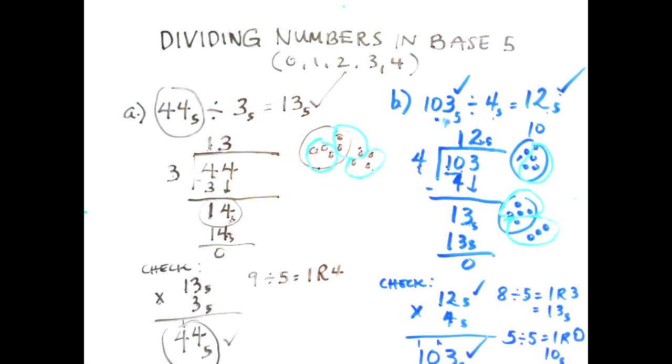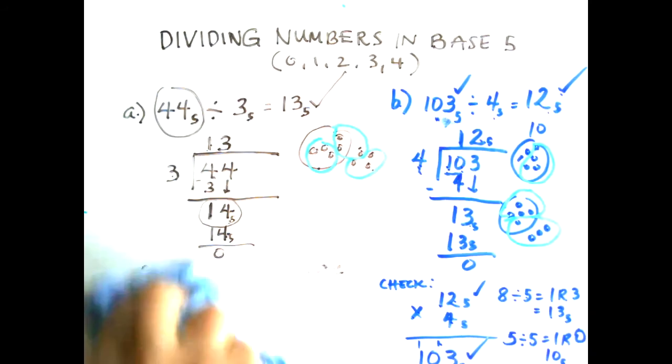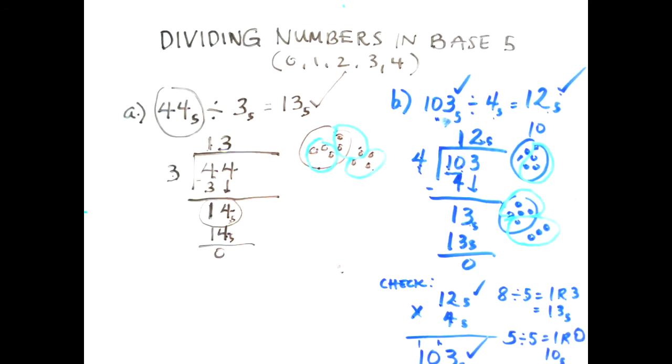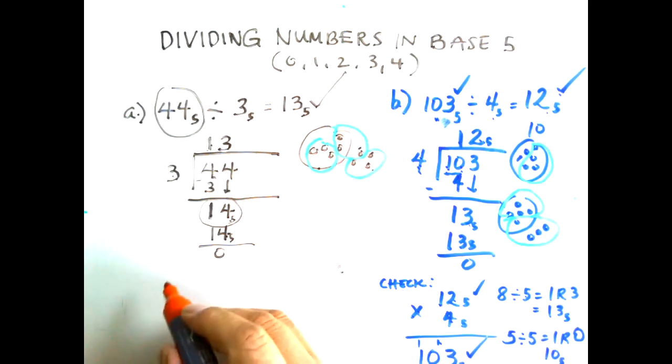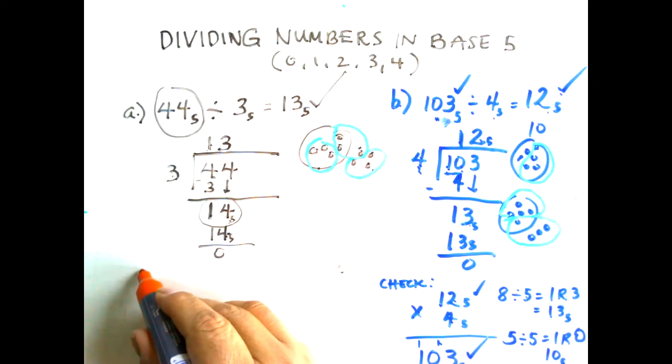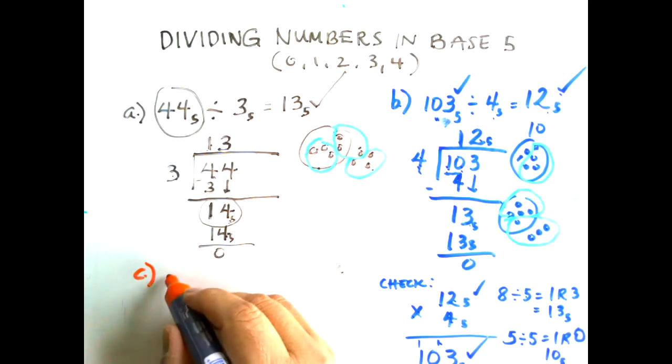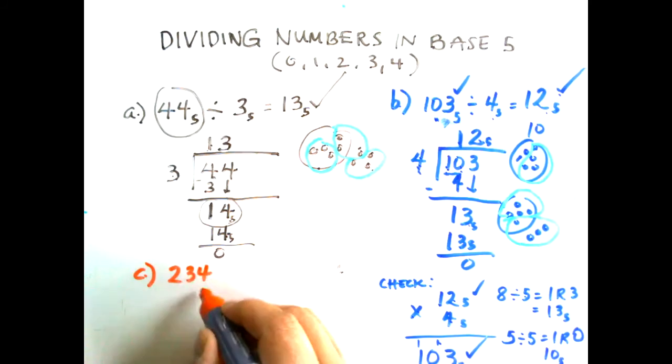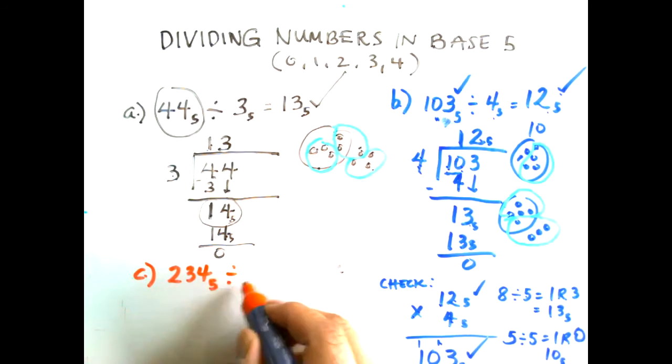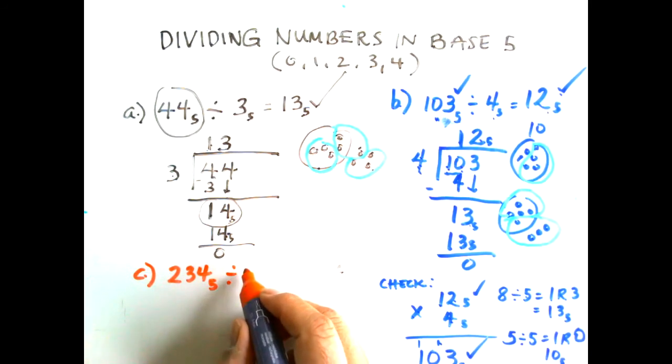Okay, let's give you some homework. Having done this, I'll give you two questions for your homework. Question C: what is 234 in base 5 divided by 3?